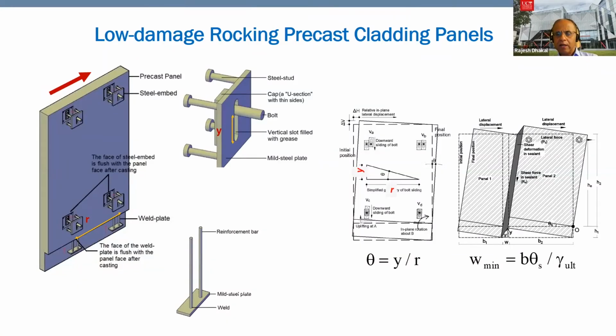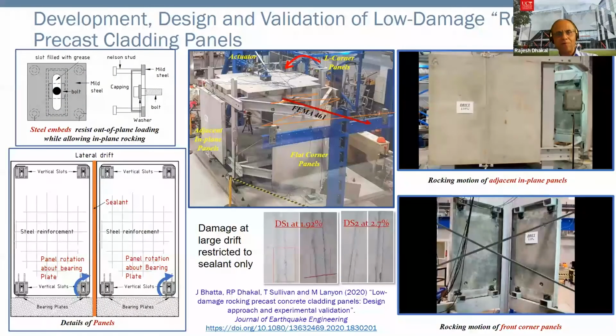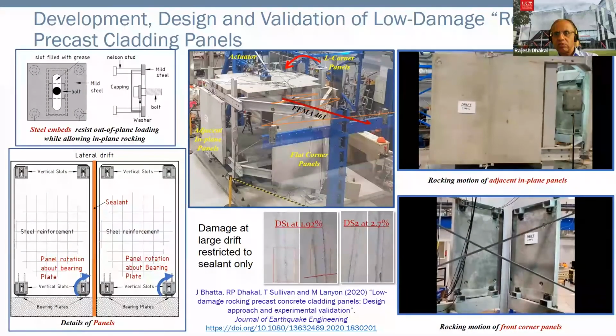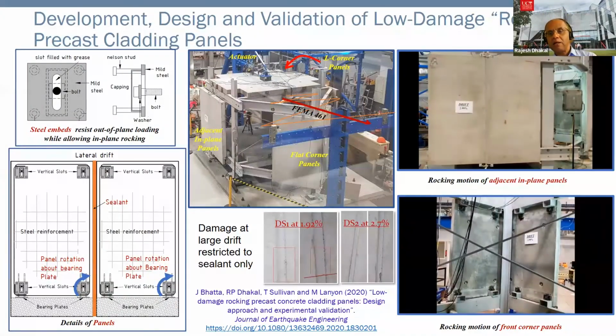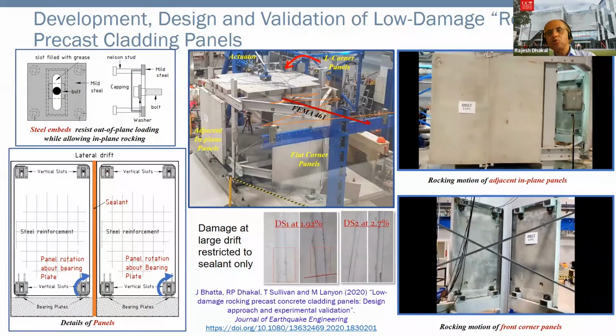So we have done a large number of tests on these types of cladding panels, and you can see right top there the video, the animation, where you can see even up to 3%, 4% interstory drift, it does guarantee that the glazing, the cladding panel does not incur any damage whatsoever.